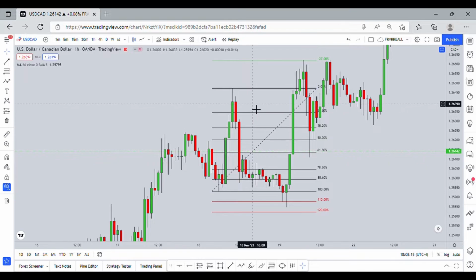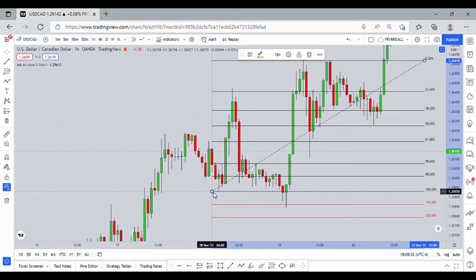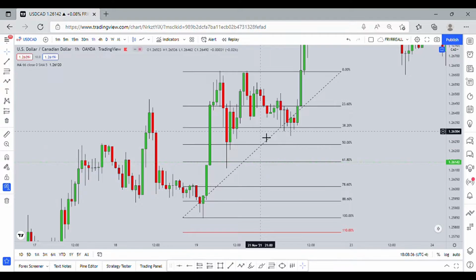So basically, the deeper the retracement, the deeper price retraces on these levels, these percentages, the weaker the trend is going to be. For example, here after this impulsive move, price retraced up to 61.8.